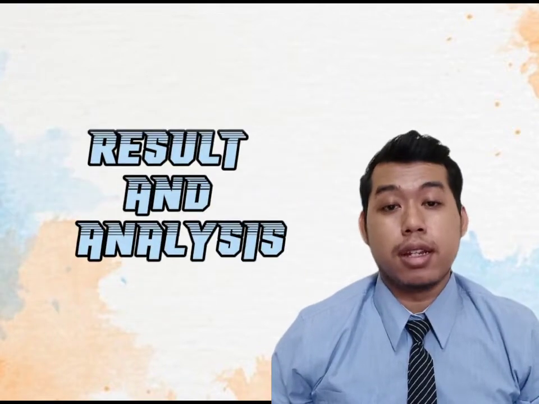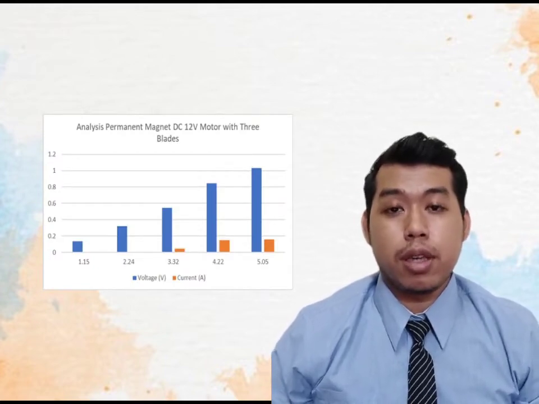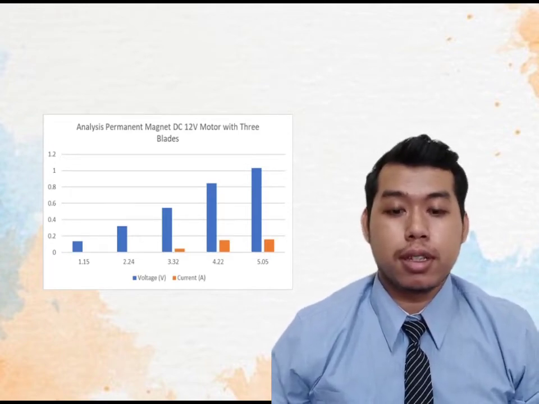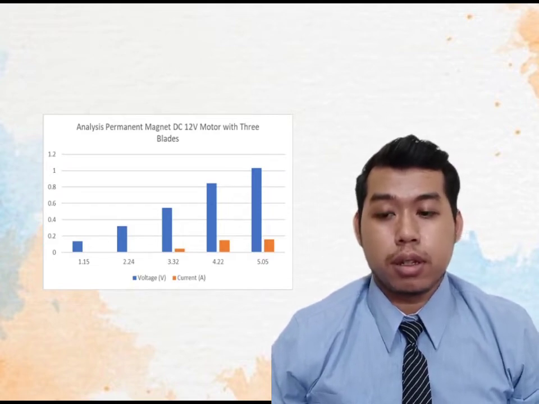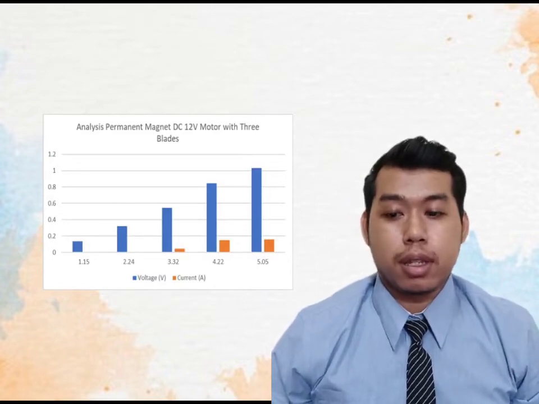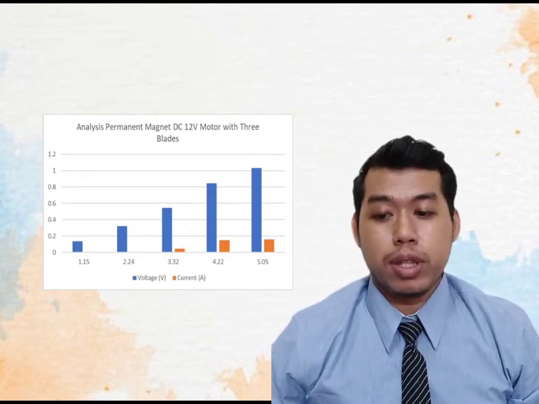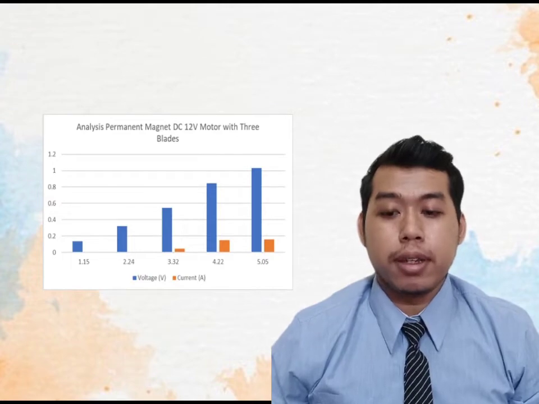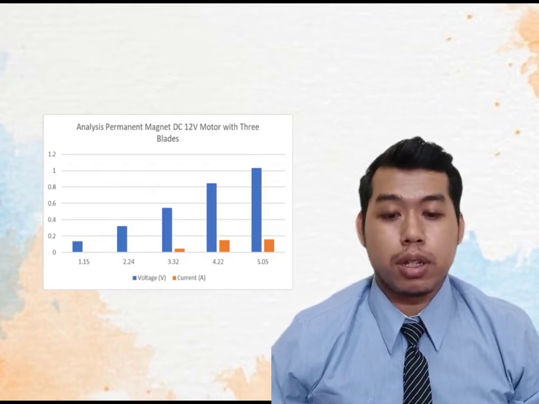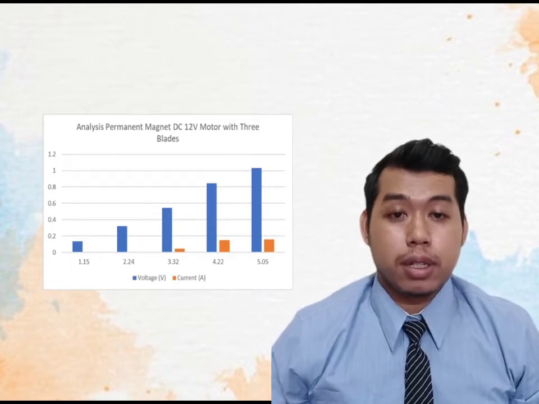Okay, for the analysis, the graph shows the permanent magnet DC 12 volts with 3 blades and 5 blades. For the first, we are using 3 blades. The minimum voltage produced using 3 blades is 0.135 volts with a wind speed of 1.15 meters per second, and the maximum voltage is 1.030 volts with a speed of 5.5 meters per second.